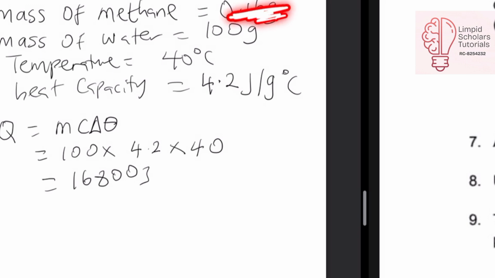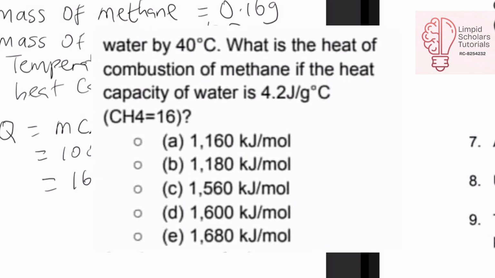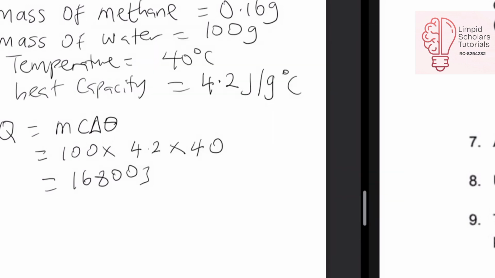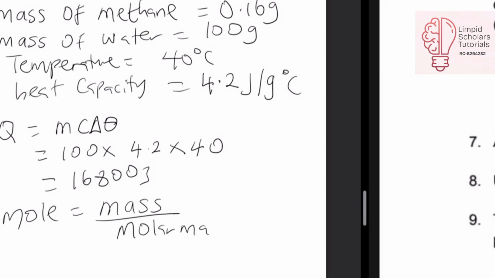So next, we have to change this mass of methane to moles, because remember, what we are looking for is the heat of combustion per mole, based on the question. So we have to change this 0.16 gram to mole. And remember, mole is equal to mass over molar mass.